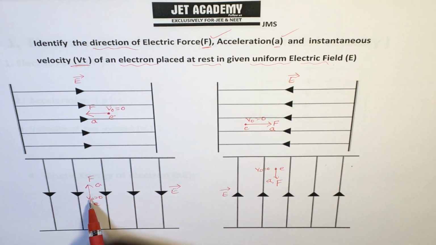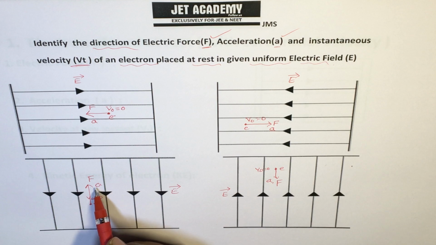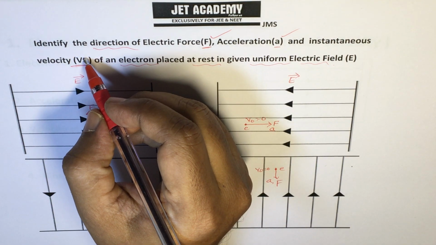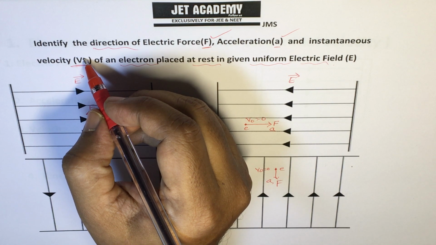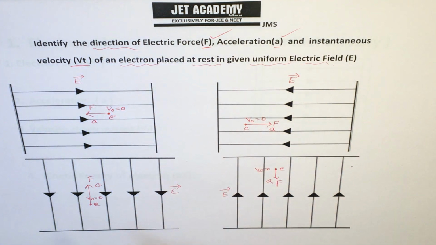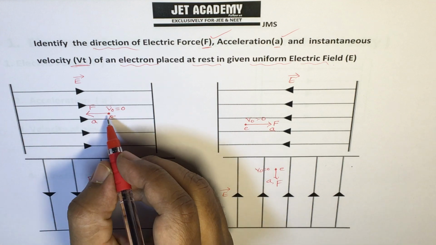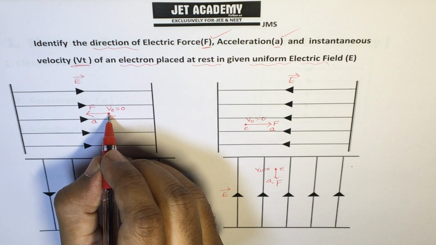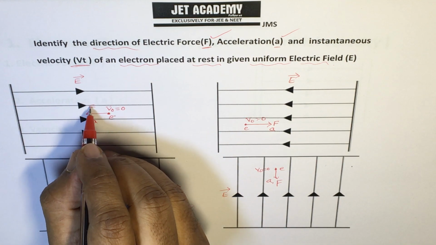And we know that if a force is experienced by a mass, the electron having a small mass must accelerate. Once it accelerates, with respect to time its velocity keeps changing. Hence at any given instant of time, I represent the velocity by Vt, and the direction of Vt is the direction of the rate of change of momentum, in the direction of force.